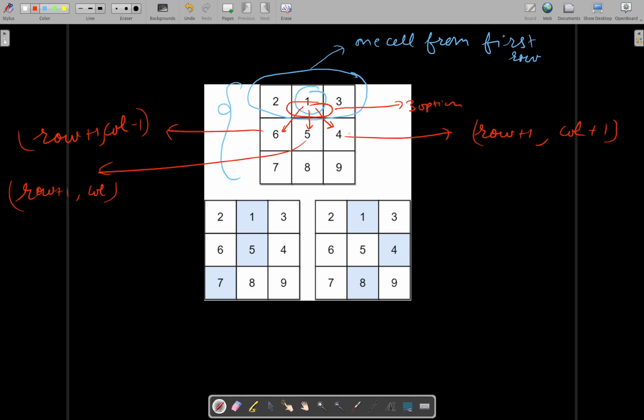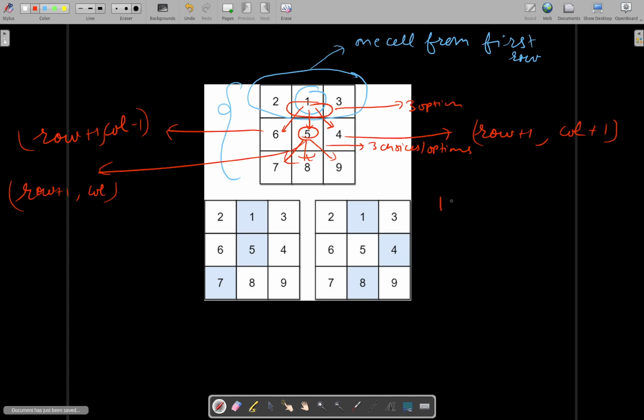Then based upon what choice you have taken among these three, you will again have three choices. Let's say you take this one, and then again three choices will be there, and it continues. So in total, how many ways are there?